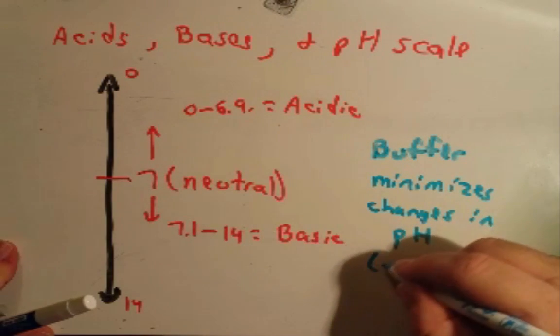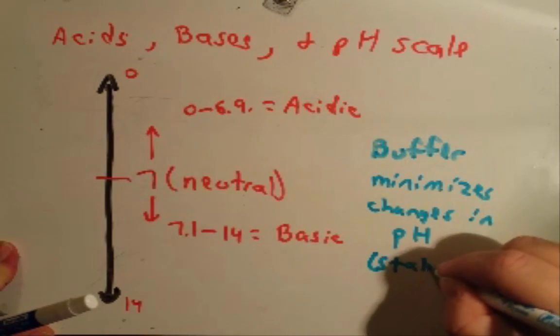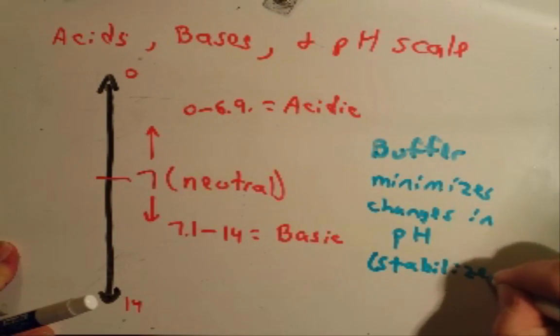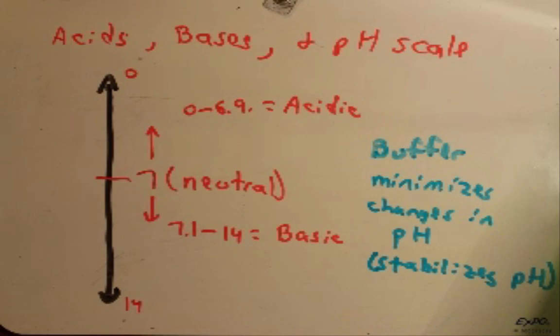It stabilizes, is another way you can think of it. If we need a particular part of our cells to be at a certain pH, maybe slightly acidic, slightly basic, that cell cannot tolerate large fluctuations in pH. So buffers are important to maintain that pH value in that part of the cell.